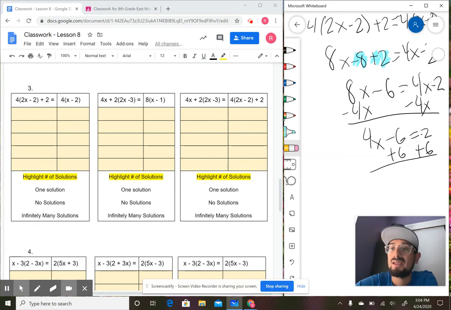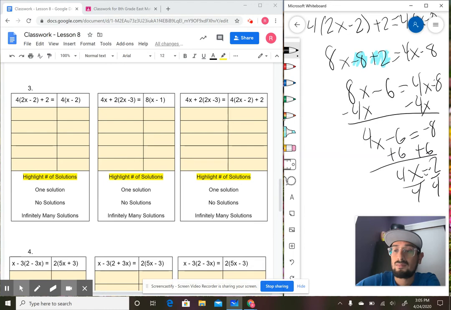Should be 8 here. So it should be negative 8. So that looks weird. Let's erase that. So it's going to be 4x equals negative 2. So it's going to be x equals negative 1/2.